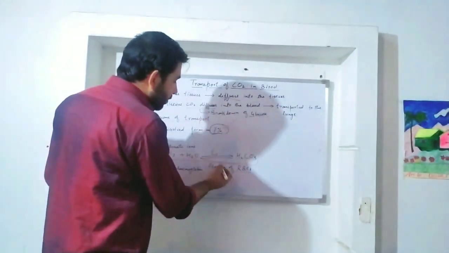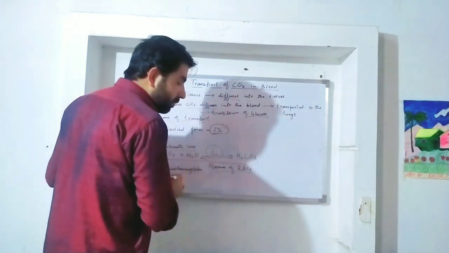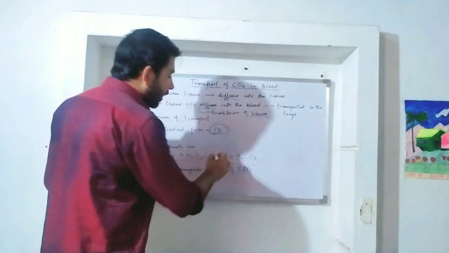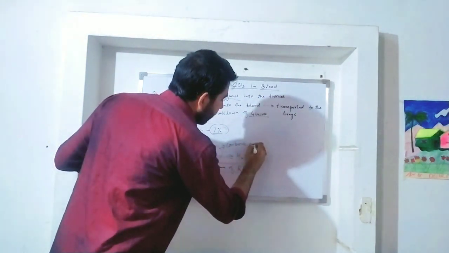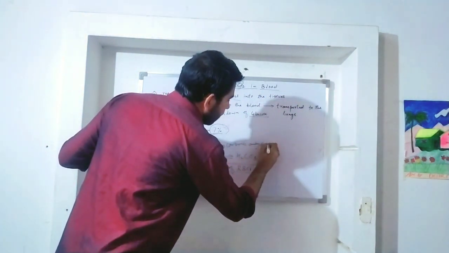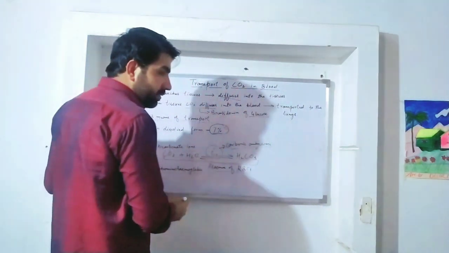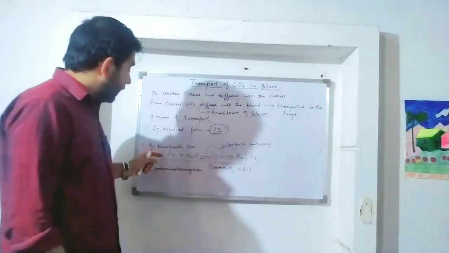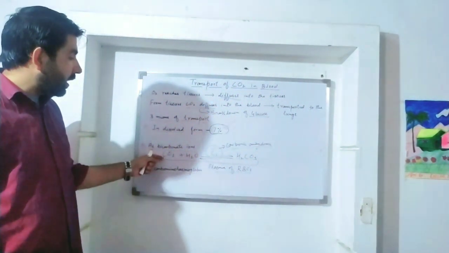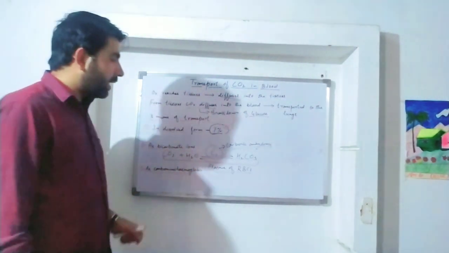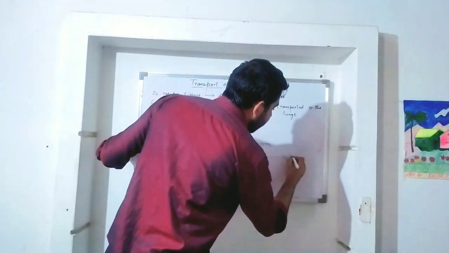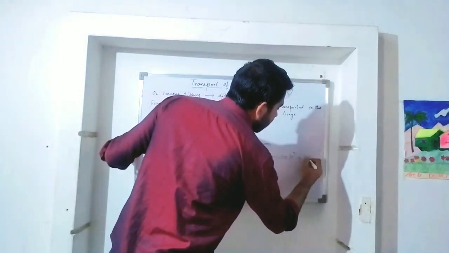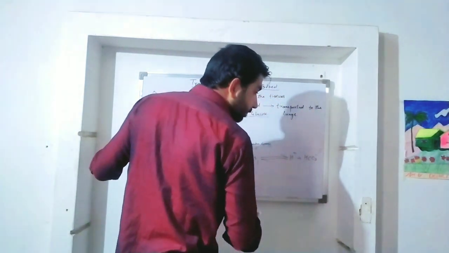Inside the RBCs, there is also the presence of the enzyme E1, that is carbonic anhydrase. So carbonic anhydrase does the same reaction, that is the combination of carbon dioxide with water to form carbonic acid, and later the carbonic acid is broken down to form H positive plus HCO3 negative.